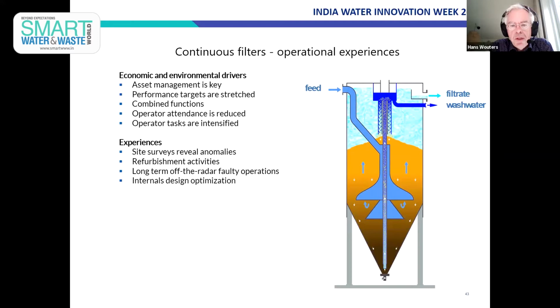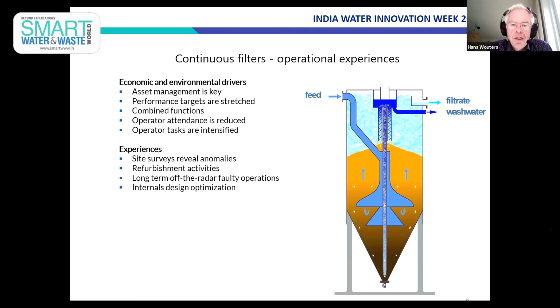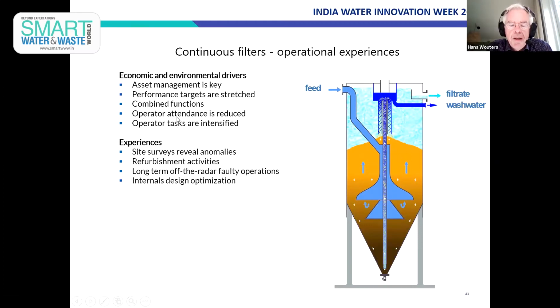We also saw that with the existing number of references, a lot of operators tend to not attend the system very well, which means that anomalies might occur. That means that after a while you'll find out that part of the sand has been lost, or some of the sand is blocked in the filter, and then the filter is not operating optimally anymore.